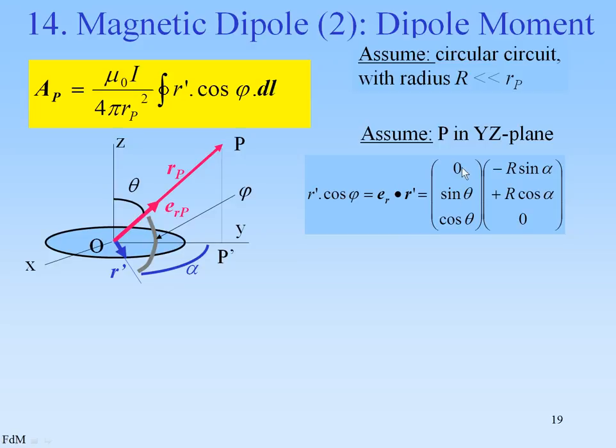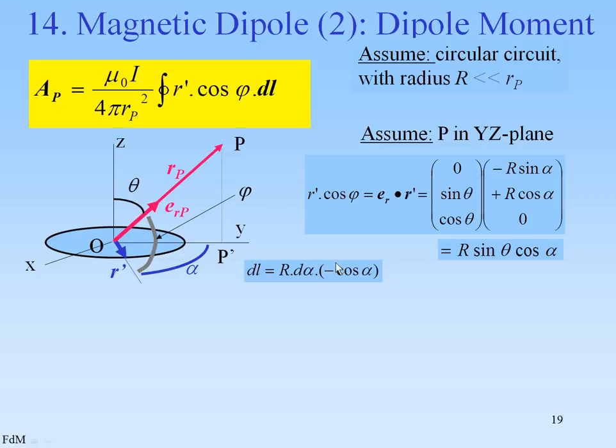Then ER is 0, sine theta, cosine theta, because P is in the XZ plane, and ER prime is R sine theta, minus R sine theta, plus R cosine theta, 0. And when we calculate that, you end up with R sine theta cosine alpha. Only the component in the y direction will contribute.